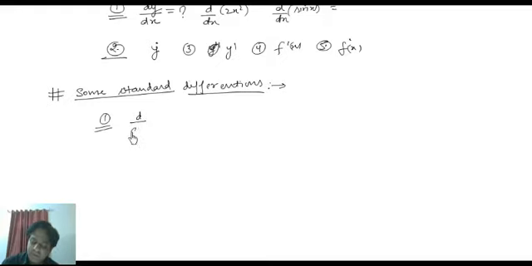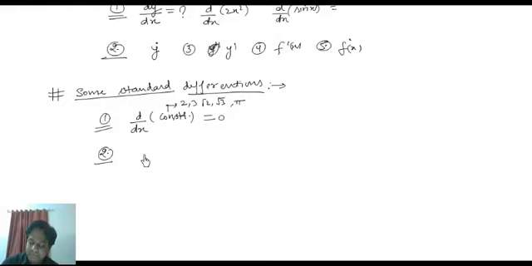Like if somebody asks you to differentiate a constant number. Constant number means like 2, 3, root 2, root 3, pi. All these numbers are constant numbers. If you differentiate any of these numbers or any constant number, then you will get 0.